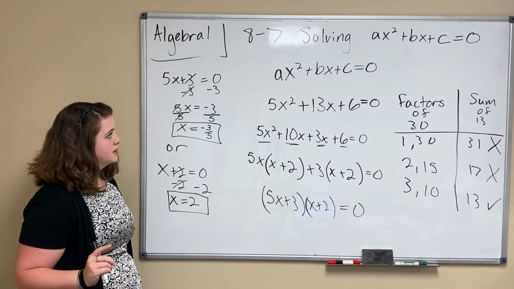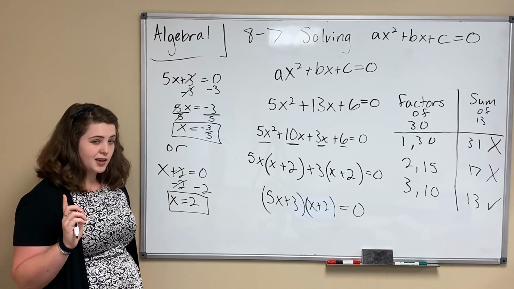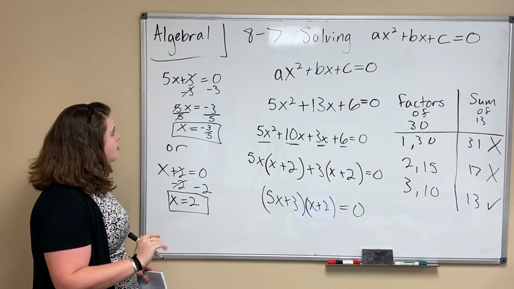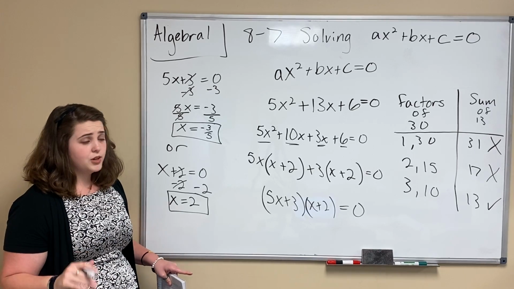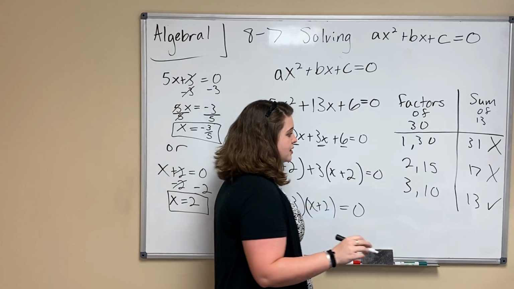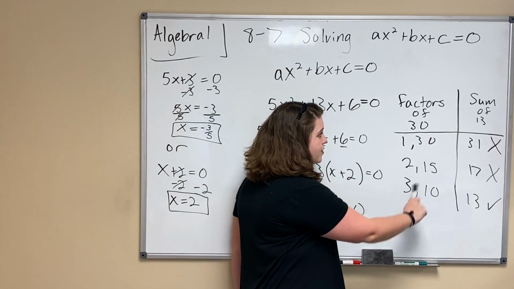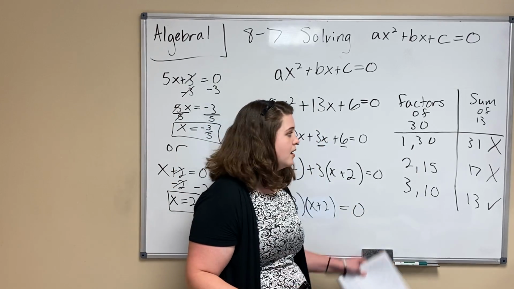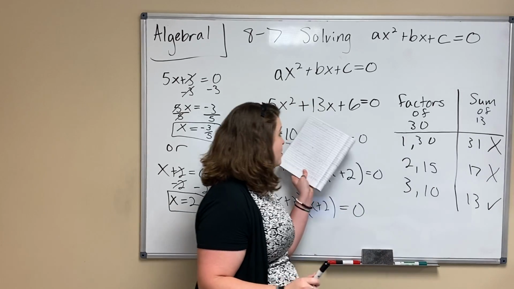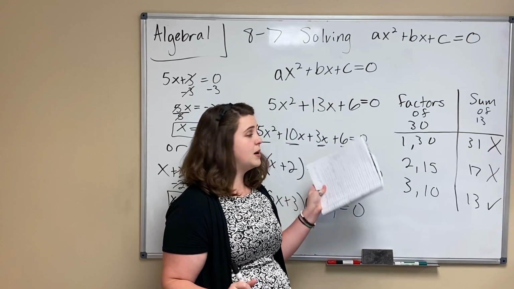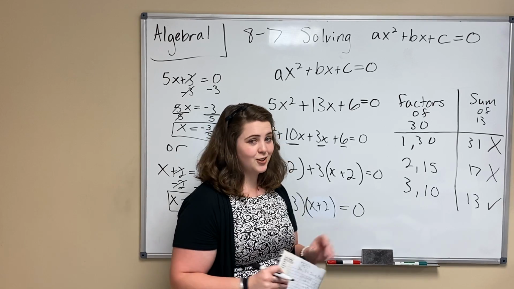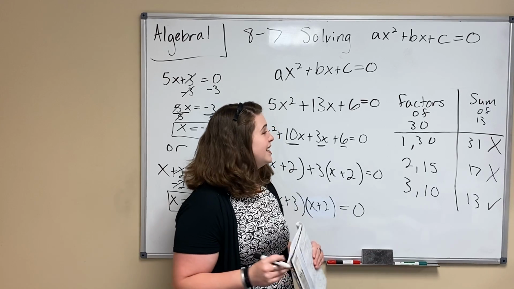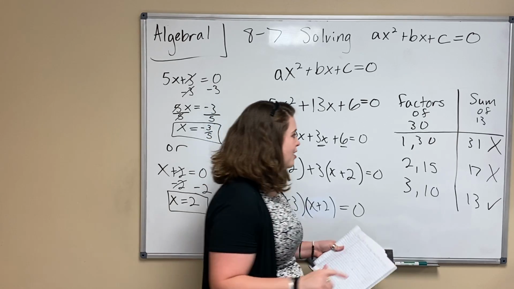That's done. One last thing I want to mention before we stop is you may get started on one of these and realize that you've tried all of the factors of this number and none of them add up to be the sum of b. None of them add up to b. If that happens, don't freak out. It doesn't necessarily mean you did something wrong.